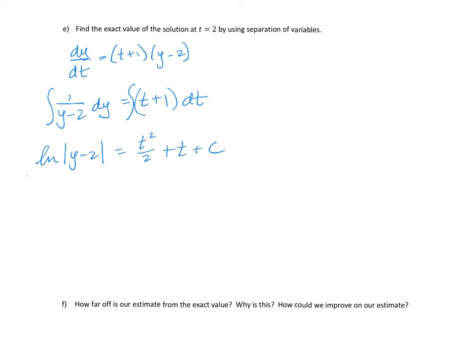e to both sides. So y minus 2 equals c e to the (1/2 t squared plus t). Add 2 to both sides.